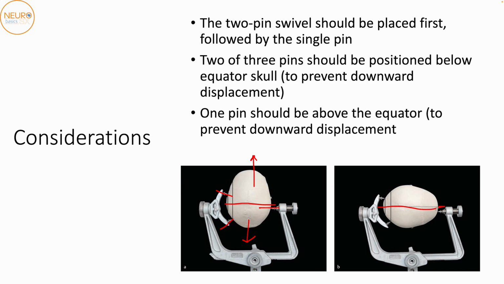Even in this example, 2 pins have been placed below the equator and 1 above. It is also possible that you can keep these 2 pins where they are and place this 1 pin over here also, but that is not what we want. We want to place the other pin again below the equator, so that at least 2 pins are below the equator.